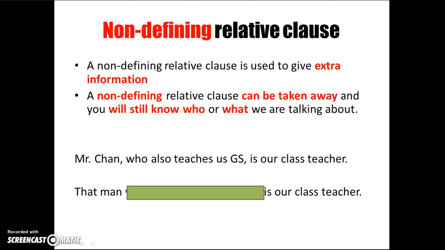But take a look at the sentence below. That man who is wearing a blue shirt is our class teacher. If we cover this again, that man is our class teacher. Which man? We don't really know. But if we say, who is wearing a blue shirt?